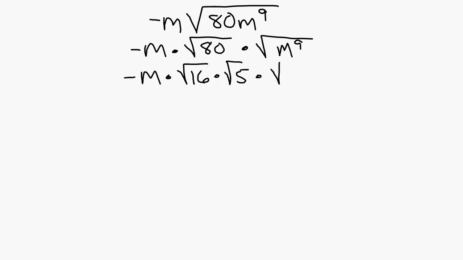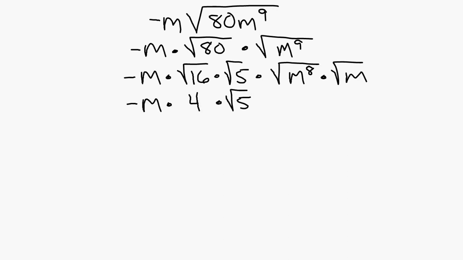M to the 8th times square root of m. And now you simplify your perfect squares. So negative m times 4 times the square root of 5 times m to the 4th times the square root of m.